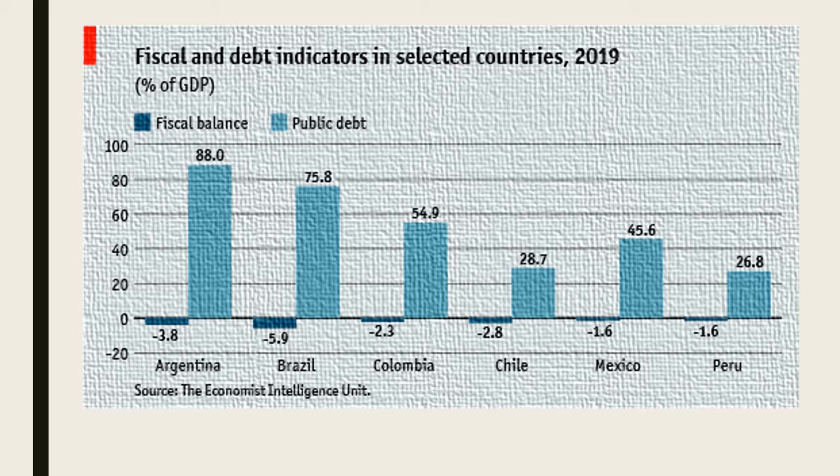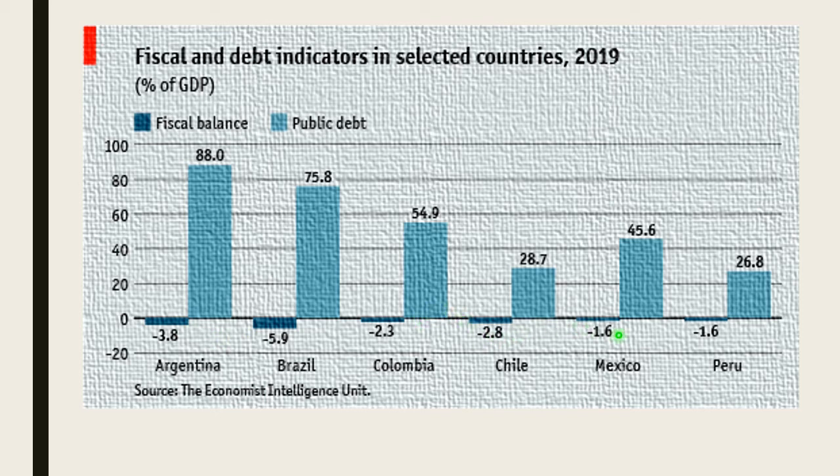These are the fiscal balance. You all can see these bars represent or indicate the fiscal balance in countries. What are the countries? Argentina, Brazil, Colombia, Chile, Mexico and Peru.